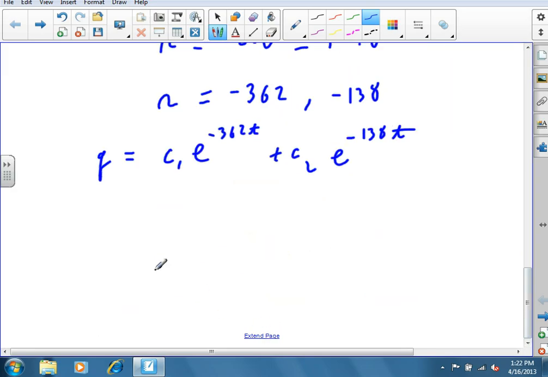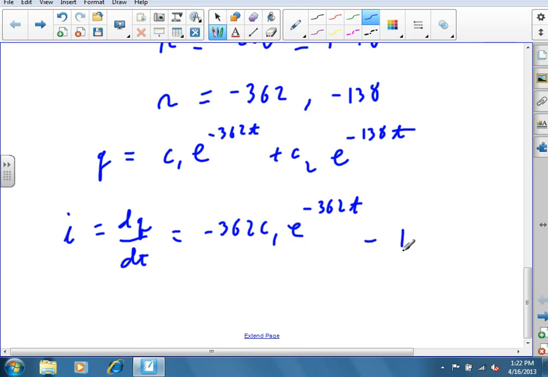And then I, which is equal to dq/dt, is going to be minus 362 C1 e to the minus 362t minus 138 C2 e to the minus 138t. Now, I really don't think that answer's right, but it's odd, so it should be in the back of the book. If the back of the book likes that answer, then we'll go on. If not, I'll get out my red marker and find out where the mistake is.